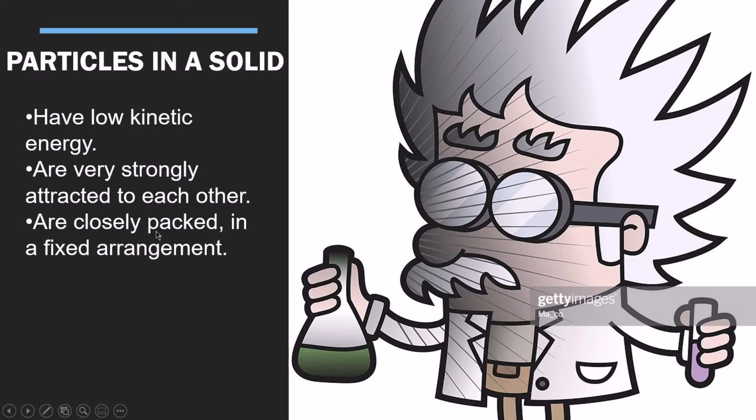They are closely packed in a fixed arrangement, very tightly packed, and they cannot move freely, they only move by vibrating. They have a very, very little bit of space, but are very tightly packed together, and their kinetic energy is very low. They're strongly attracted to each other just like magnets. You know, magnets attract each other very quickly and very strongly, just like an iron grip, okay?